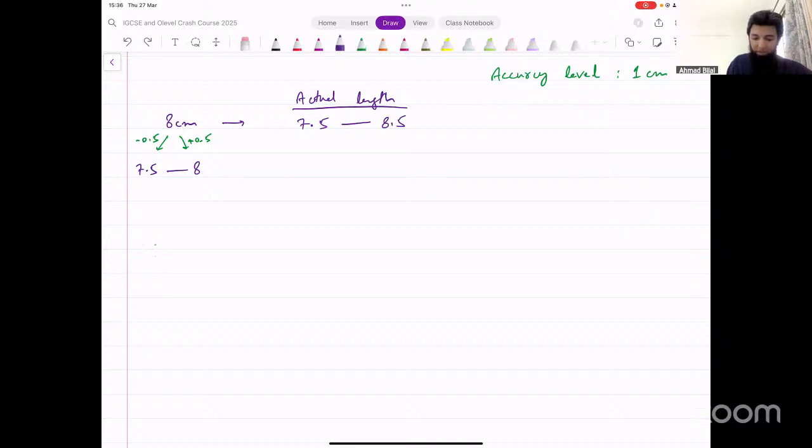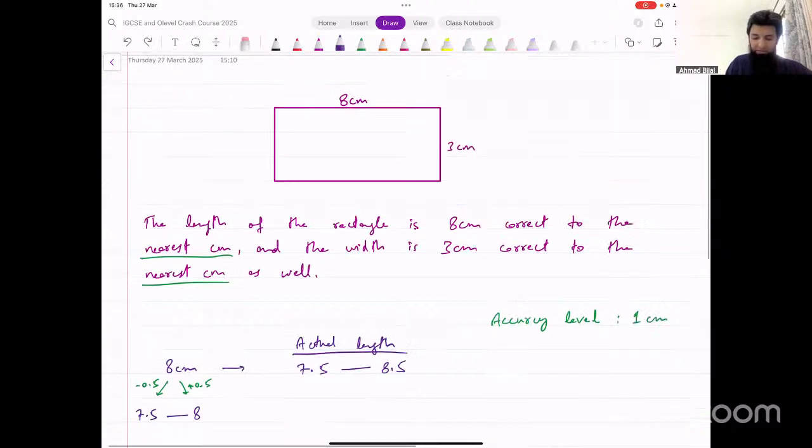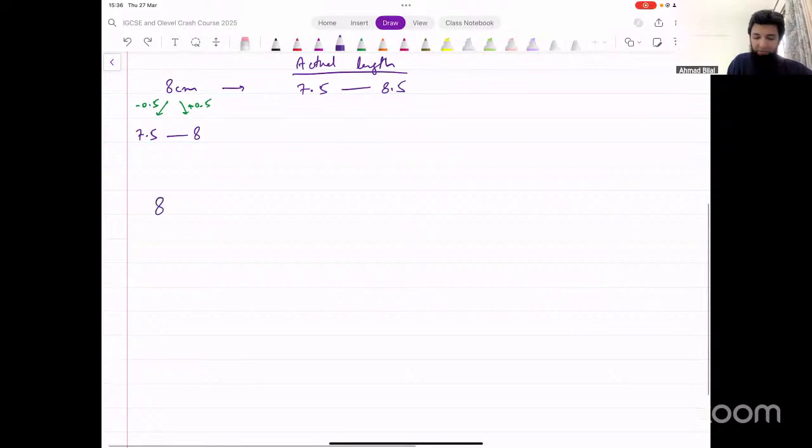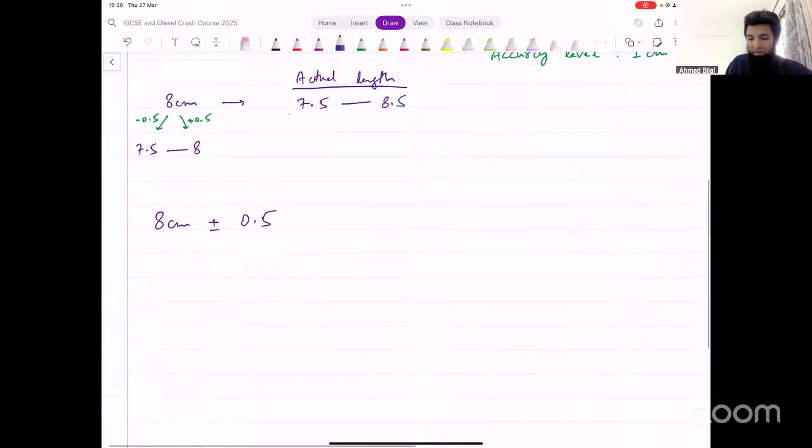So the length of 8 centimeters actually could be anywhere between 7.5 and 8.5. Why? Because we could have 0.5 error on either side of 8 centimeters. This is the error that we could have in that measurement.